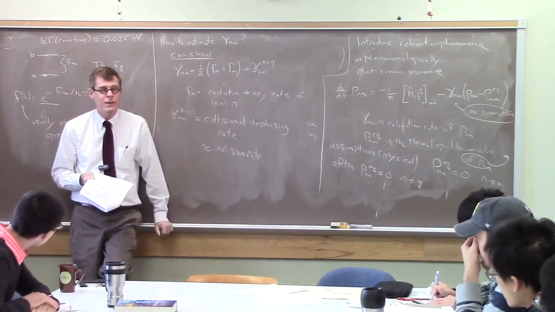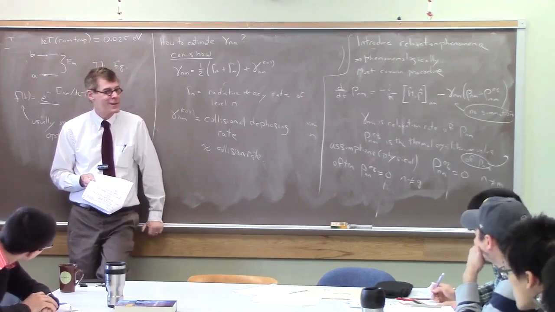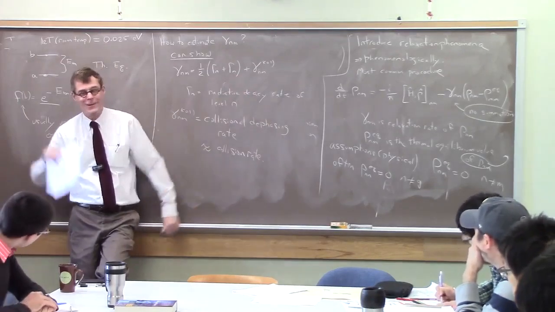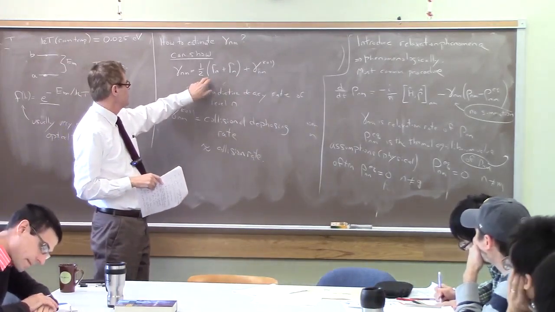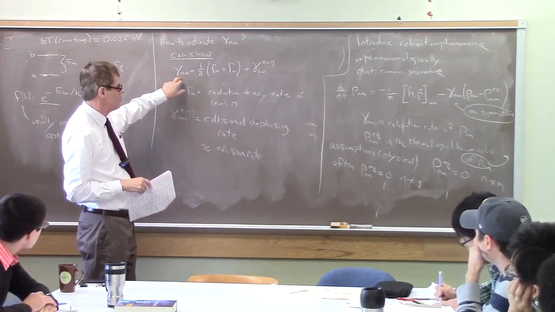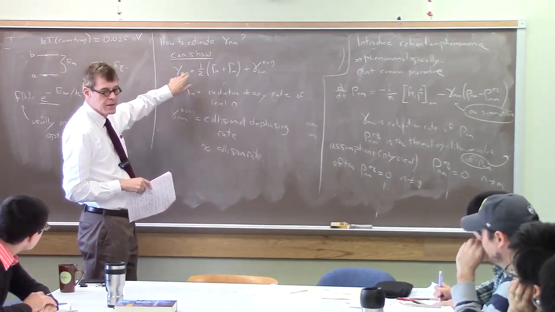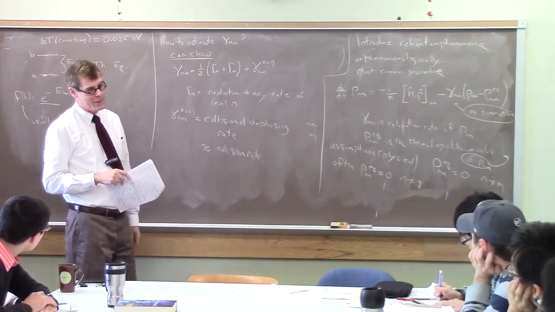So I find this a very nice equation. I mean, some were ugly, the ones that go on over 3 pages, but there's a lot of physics here. There are 2 ways in which you can lose coherence between levels N and M. You can lose population.